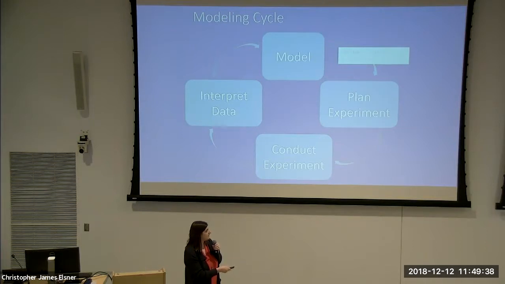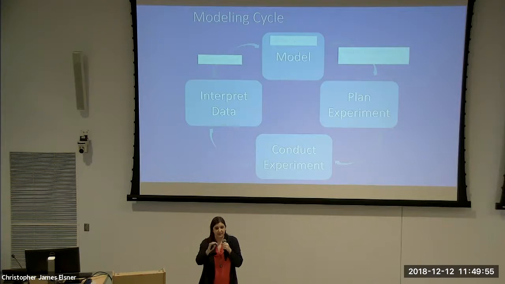We would conduct that experiment and gather some data. Then that might help us evaluate our model and whether it needs to change or stay the same. And so maybe we would revise the model. What I like to think about is how we can place students at different parts of this modeling cycle in order to make what they're doing in class more authentic.